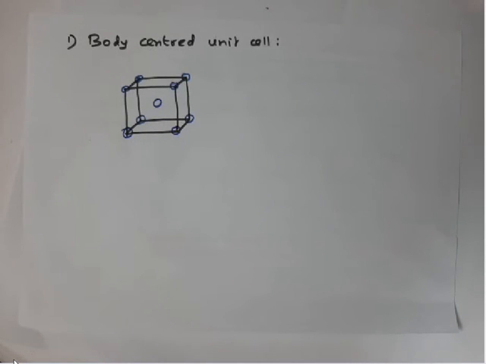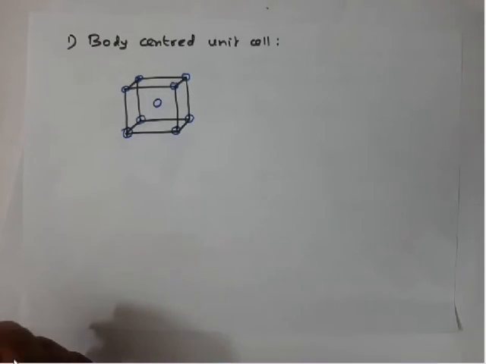So in body-centered unit cell, keep this in mind, 8 corner particles will be there, all the corners are occupied, and apart from that, we have one particle at the center. So this is called body-centered unit cell.